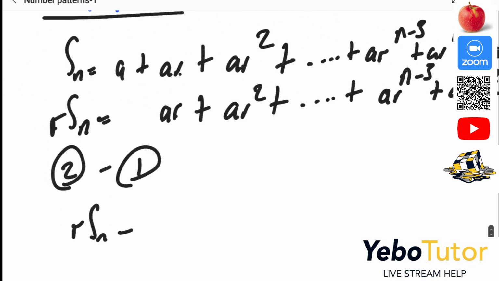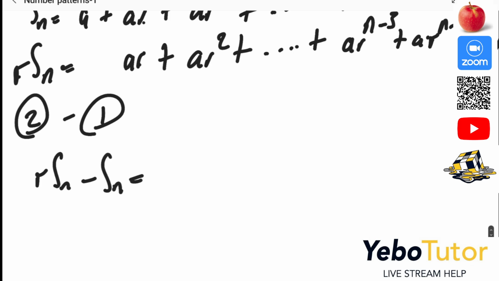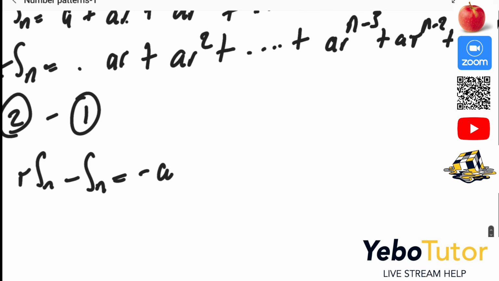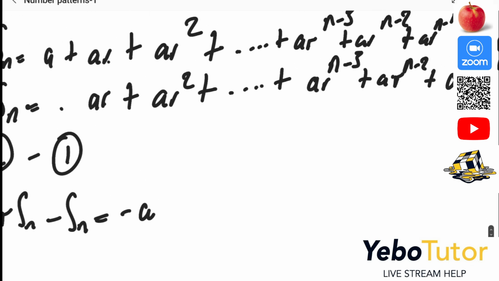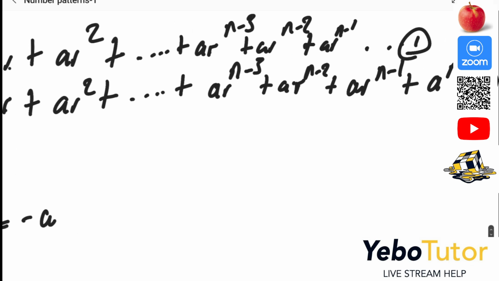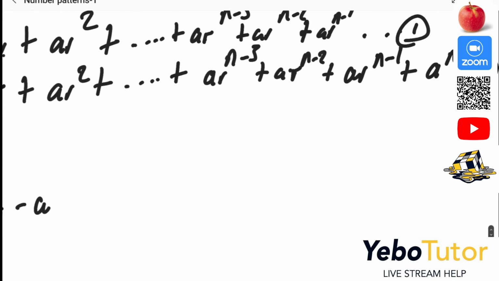So that will be r Sn minus this equation number 1, which is Sn, will be equal to, here we see that we have nothing here, so that will be 0 minus a, that's negative a, okay, ar minus ar, that's 0, ar squared minus that, that's 0, this minus that, that's 0, this minus that, that's 0, then we are left with ar to the power n.